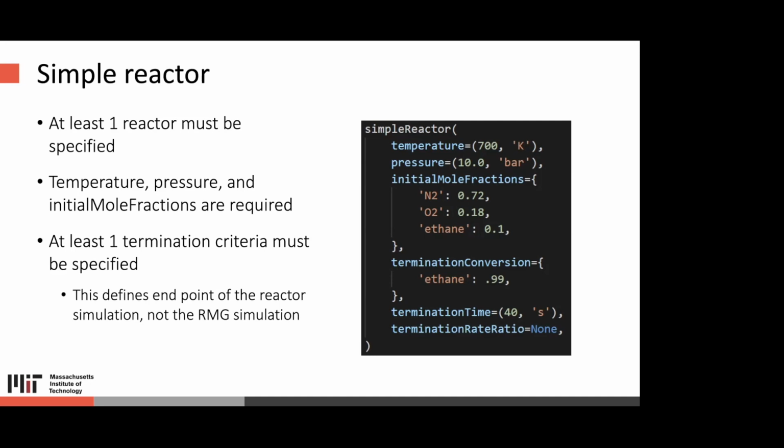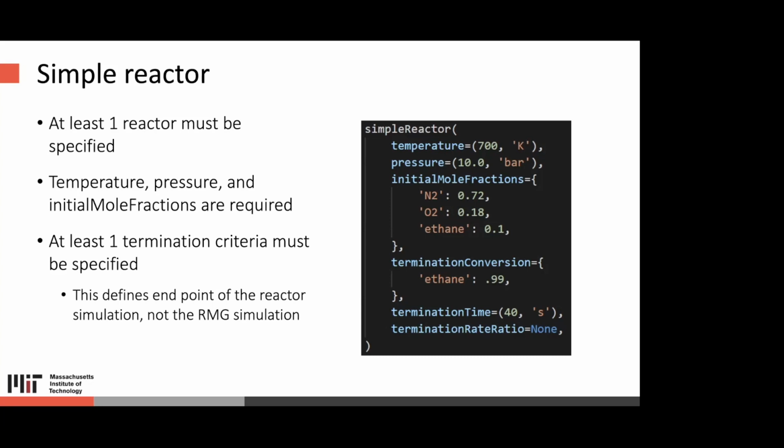So for the temperature, it says 700 Kelvin. Does this mean that we have a reactor at 700 Kelvin and we're just inputting the stream at 700 Kelvin? Right. So the simple reactor in RMG is a homogeneous gas reactor and a closed system.